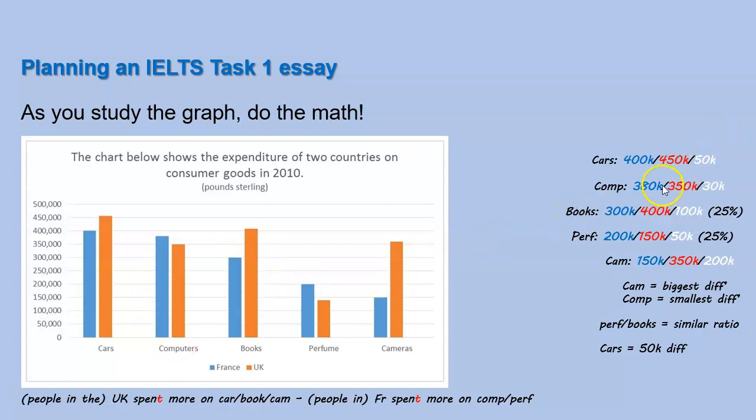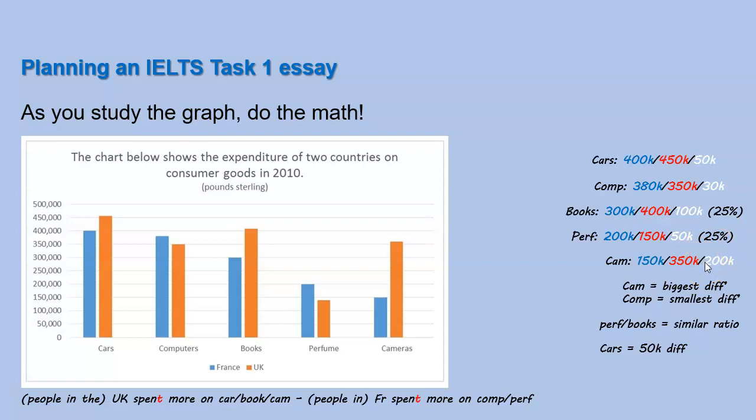Likewise with computers, French spent 380, British spent 350. That's a difference of 30,000. That's not very much. We can see that already there's a difference. Books, perfume, and then finally cameras, where we can see there is actually a difference in spending of 200,000.